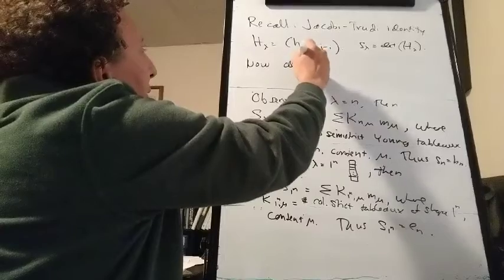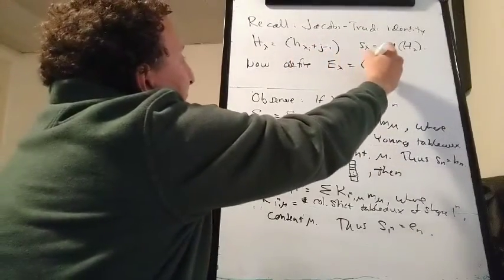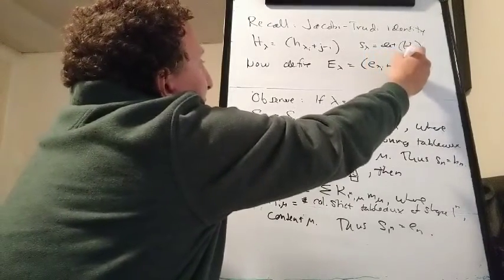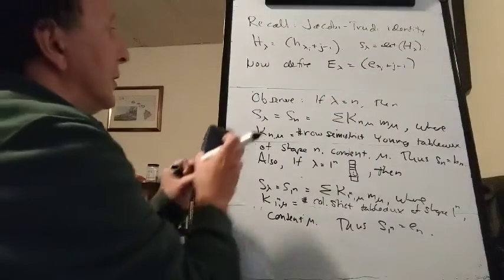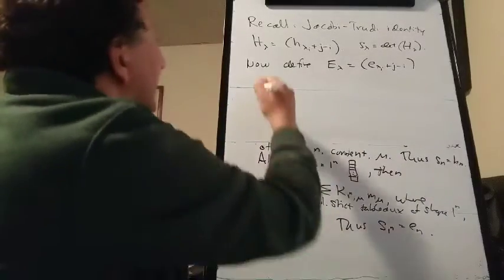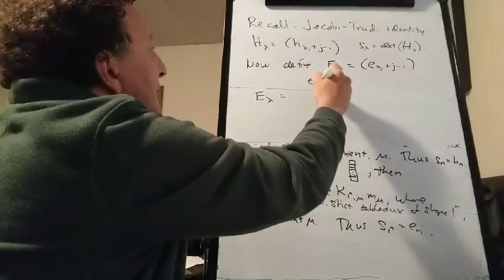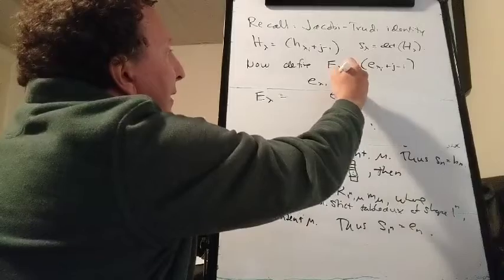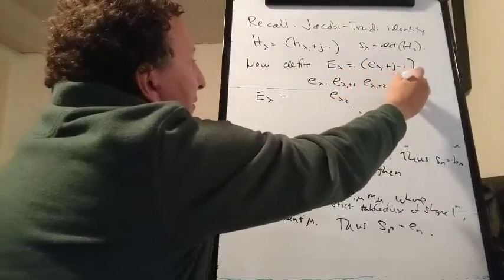Now let's define a new matrix, E lambda, the same way, but with elementary symmetric functions. So we'll have e lambda 1, e lambda 2, etc. on the diagonal, and then we'll increase the indices by 1 as we go across.